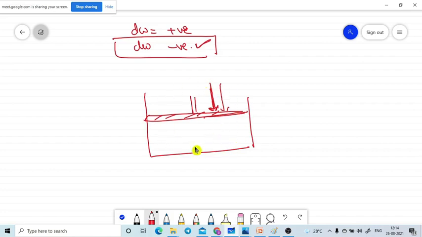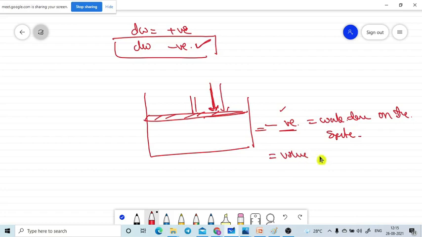That means work is done on the system, which is negative. Work is done on the system, volume will decrease, and work done is negative. Volume must decrease.